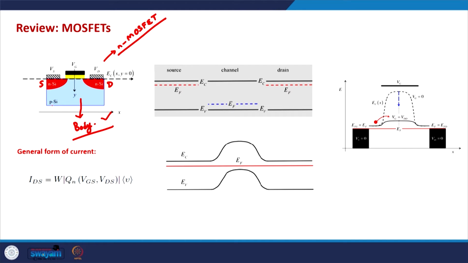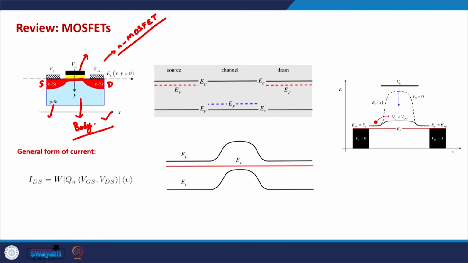Generally this is a P-type semiconductor. When we apply a positive voltage on the gate terminal, it creates an inversion layer here, and that essentially creates a conducting pathway from the source to the drain. So that's how a MOSFET transistor looks, and that's how conduction in the transistor takes place.